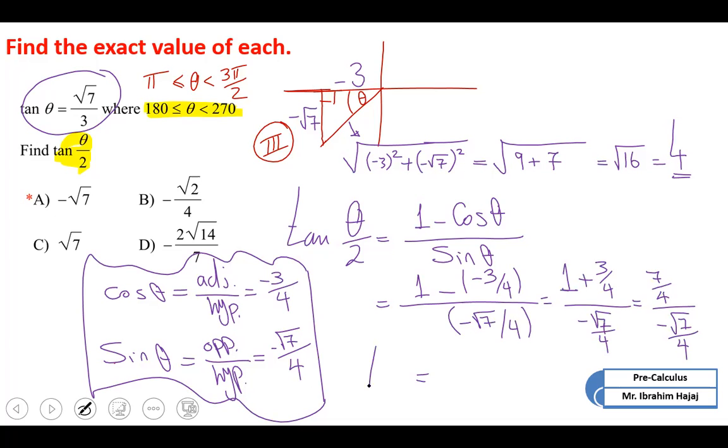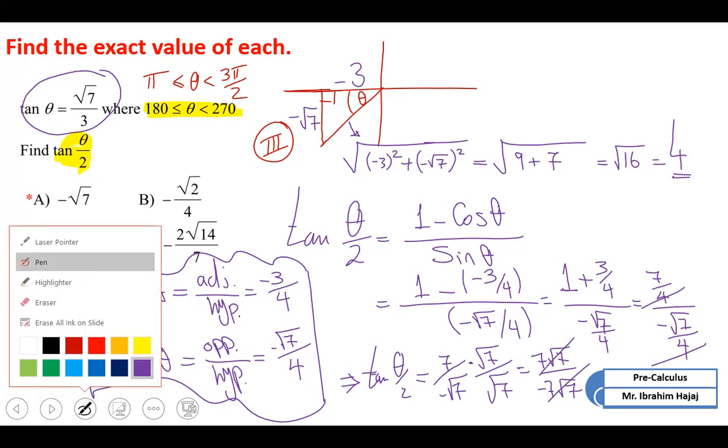And then the final step: tan theta over 2 is equal to, we can cross out 4 with 4, and we still have 7 over negative radical 7, multiplying by the conjugate, radical 7 up and down. So we have 7 radical 7 over negative 7.